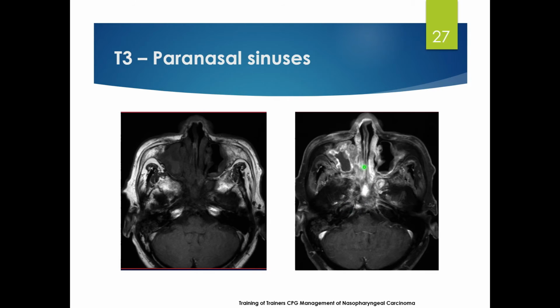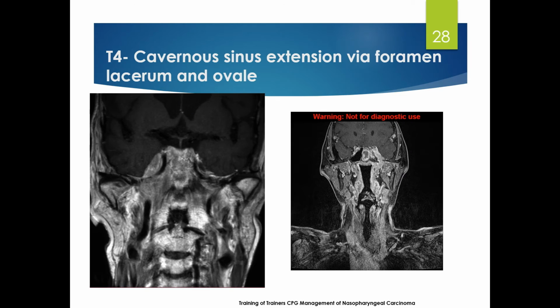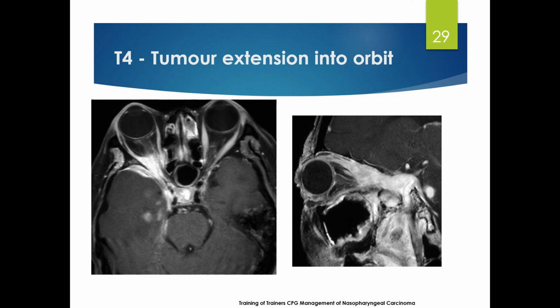T3 also where the paranasal sinuses are involved. Okay, this imaging shows the tumor has extended via foramen lacerum and ovale and has invaded the cavernous sinus. Okay, this shows tumor extension into the right orbit.